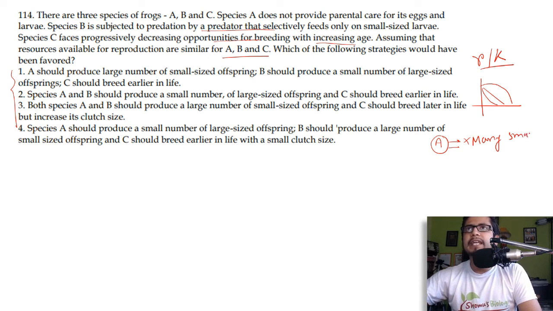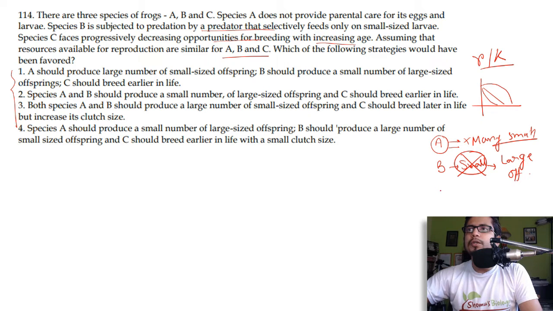We know species A does not provide parental care. That means species A must produce many small offspring, for better reproduction and survival. Species B is subjected to predation.